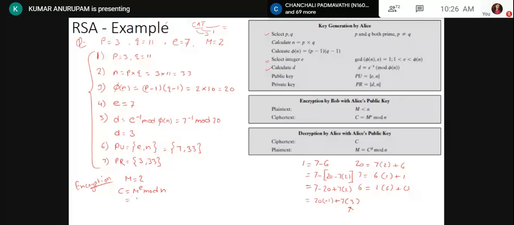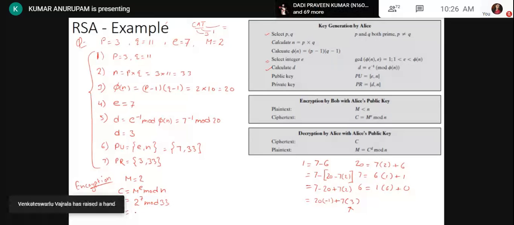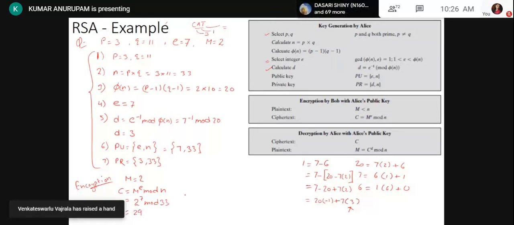So m is 2 to the power e value 7 mod of 33. I have calculated already. I'll just write it down here. You can calculate it by yourself. I hope that you know it already and you have practiced. Then value is coming as 29.